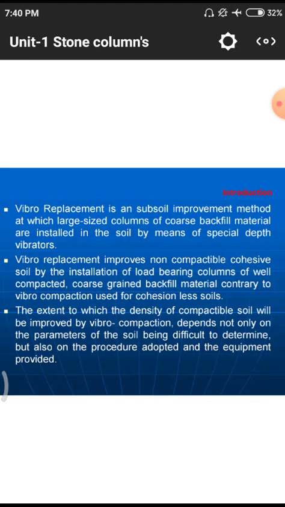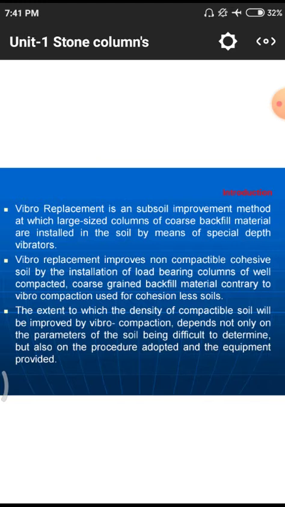In the first layer we pour some quantity of stones, and after that we do the vibrations. Then we do another layer of vibration, from the bottom level to the ground level, with different quantities of vibration in each layer, so that there is a strong bond between each stone, and the stones transfer the stresses to the surrounding soil in a proper manner. Otherwise the total column will buckle.